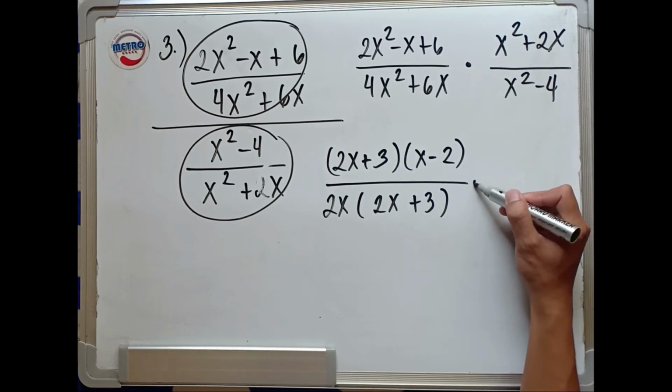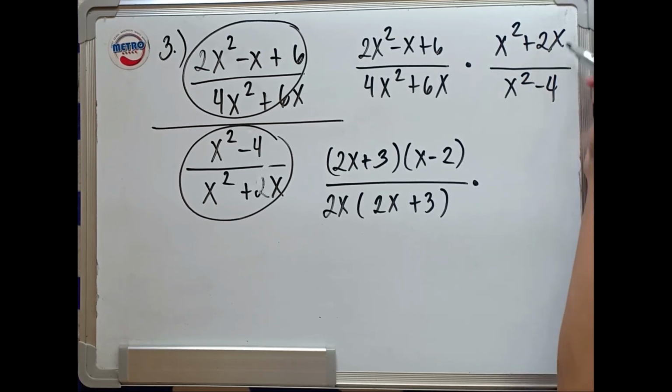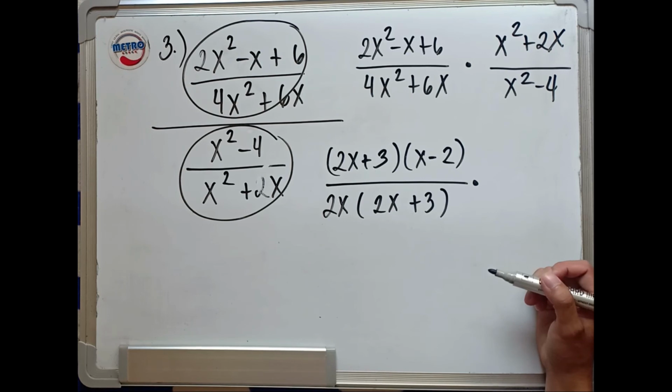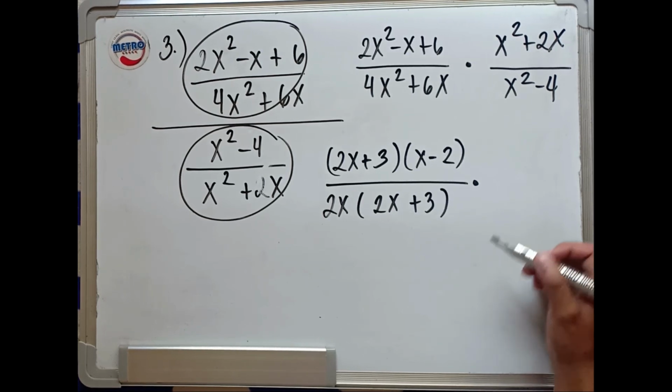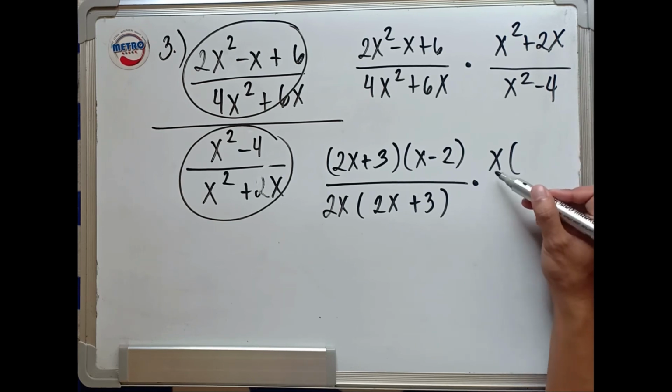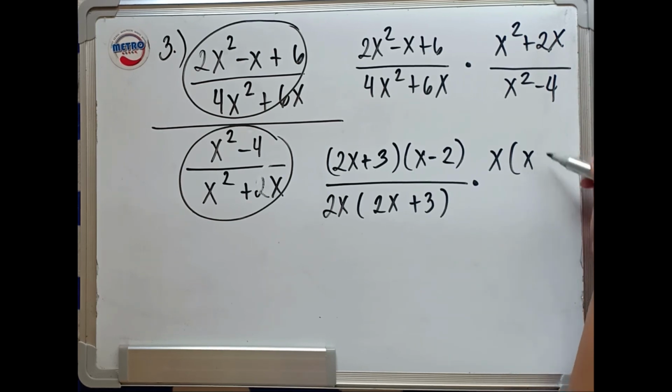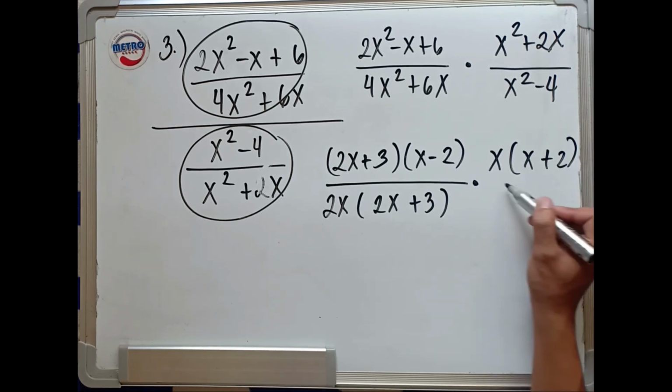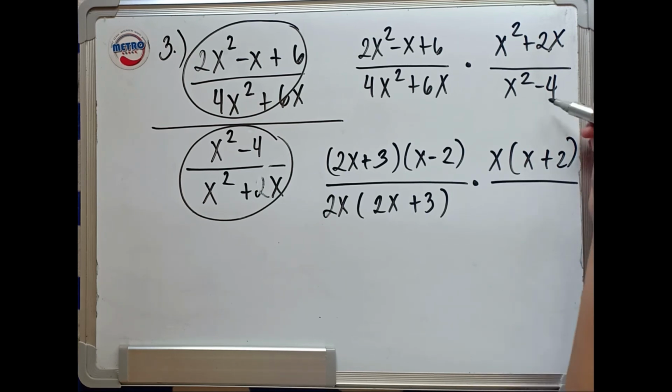Then copy the operation. For x squared plus 2x, they have a greatest common factor of x. Then x squared plus 2x divided by x is x plus 2. And for x squared minus 4, this one is an example of difference of two squares.